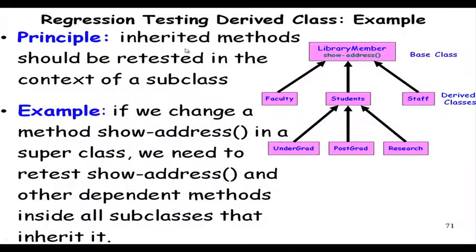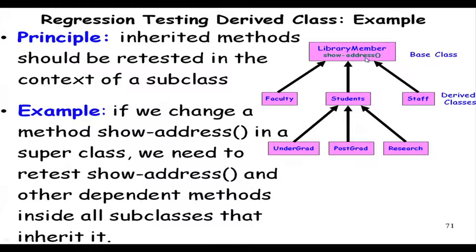So, unfortunately, if we make a small change, let us say address is a method in the base class which is inherited in all these classes. Now, let us say after we have developed an application, we make a small change to this method in the base class.